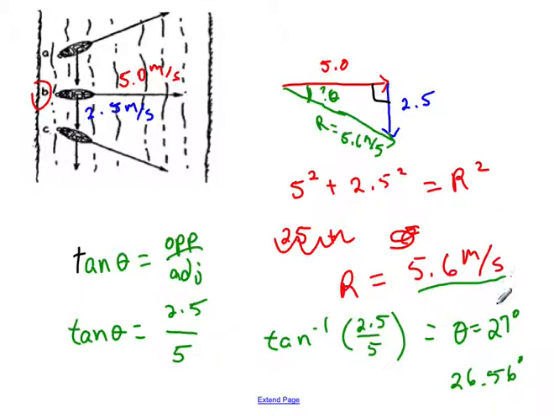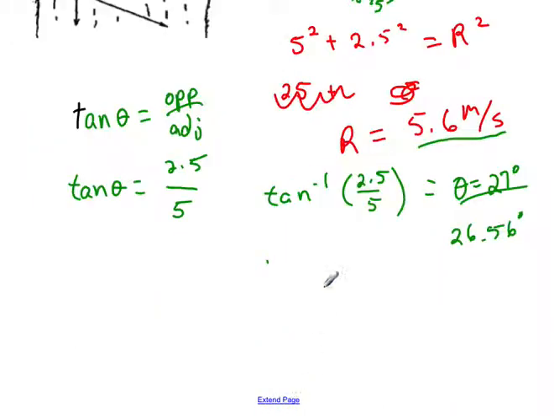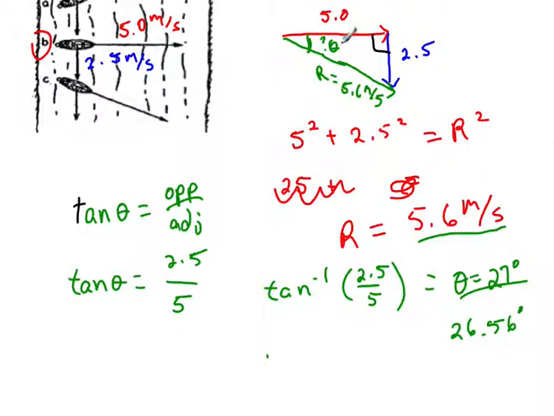5.6 was the speed. So if we want to say that, we have to look at the drawing here. So it's down from the horizontal, right? This resultant is down from it. So we need to say that it's traveling at 5.6 meters per second at about 27 degrees below the horizontal.